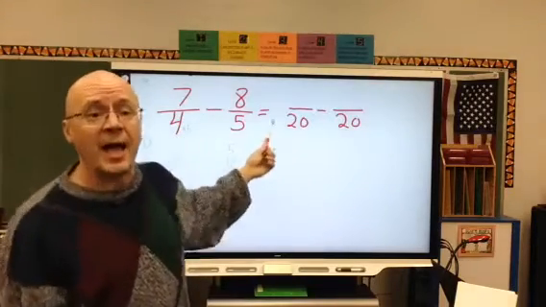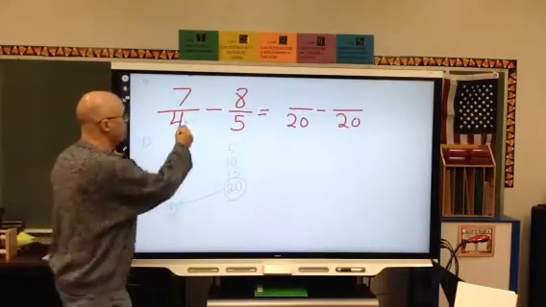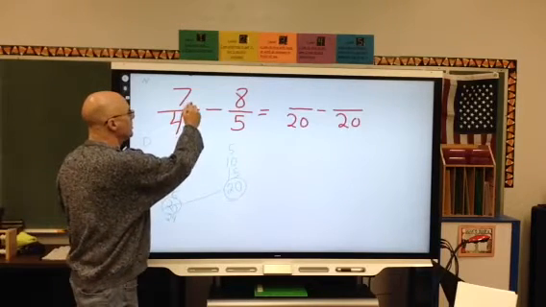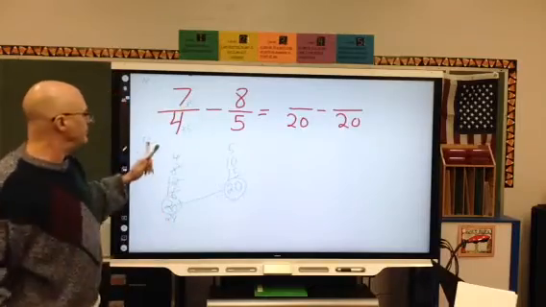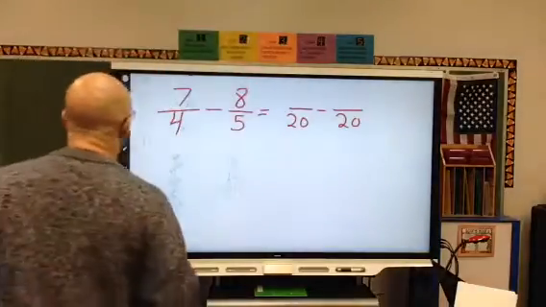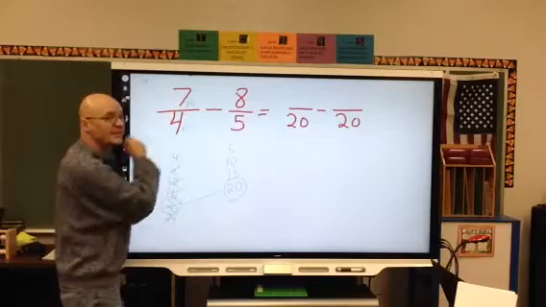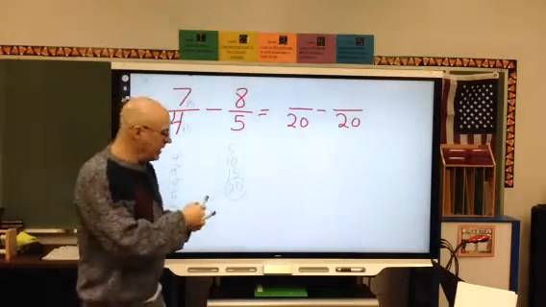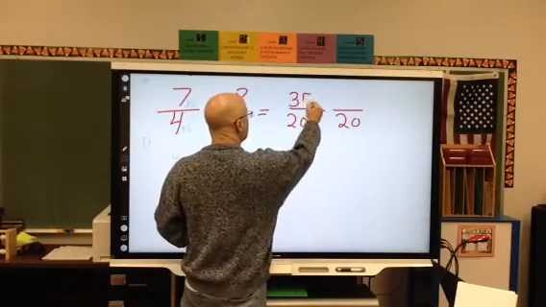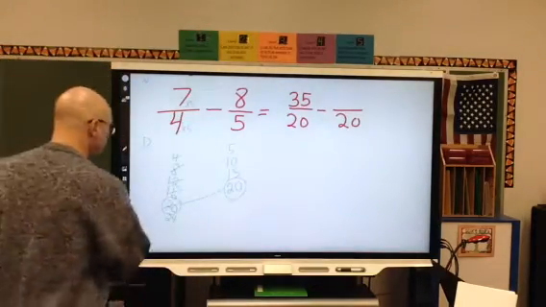Now I've got to multiply the top number, or the numerator, by that same amount. So I must also multiply the numerator by 5. So now I have to multiply 7 times 5. 7 times 5 is 35. So that fraction becomes 35/20. Okay? So we're done with this one.